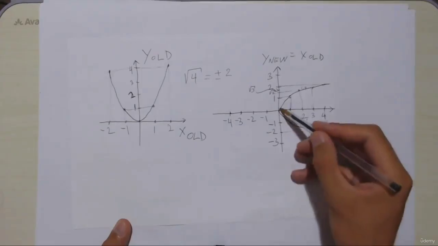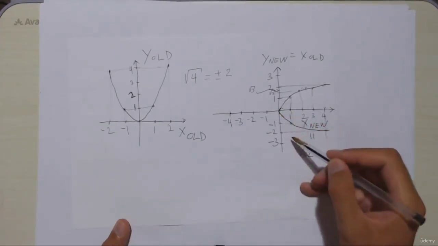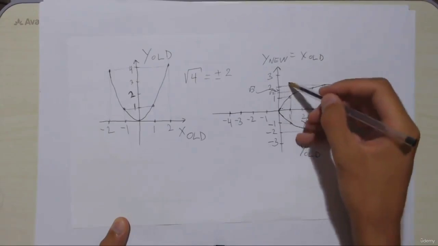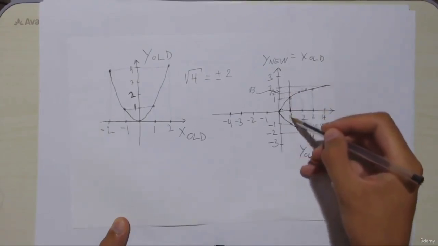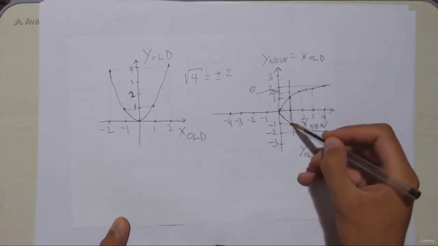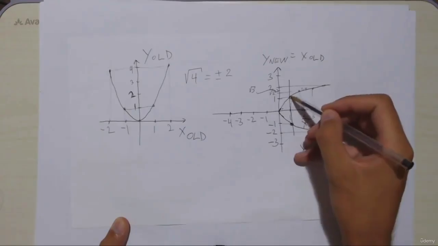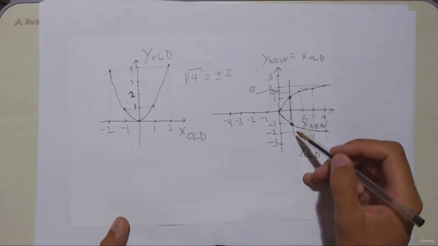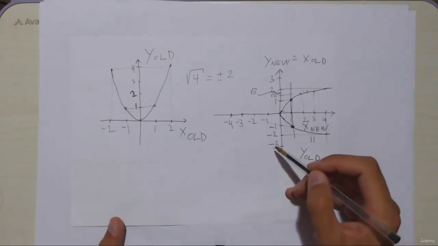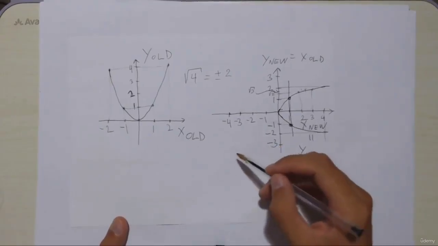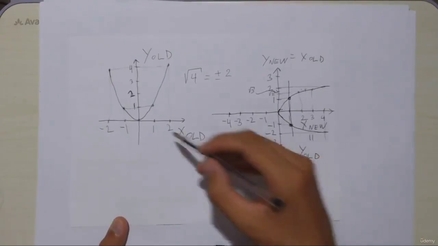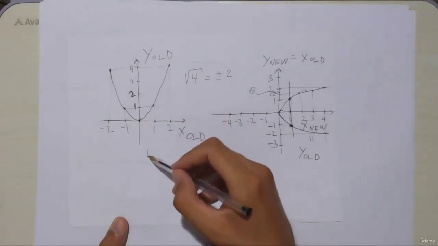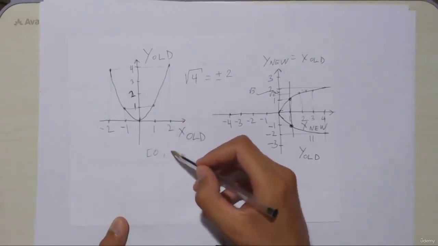Now, it might be the inverse graph. However, is it a function? No, it's not. Because remember, we applied the vertical line test, and now it touches the graph in 2 places. So it cannot be a function. So that means that you have to choose the side that you want to work with. You either choose this side and you go from 0 to plus infinity.